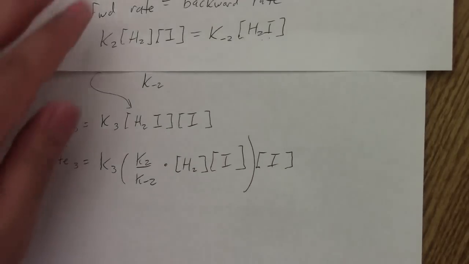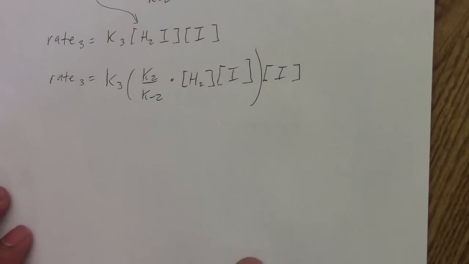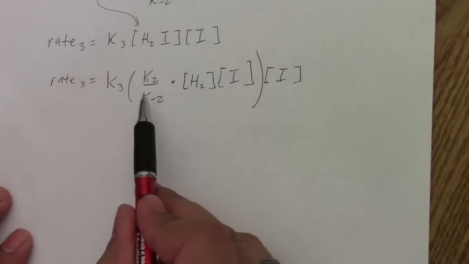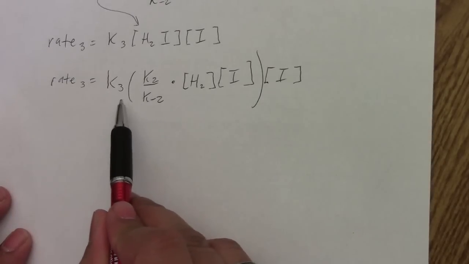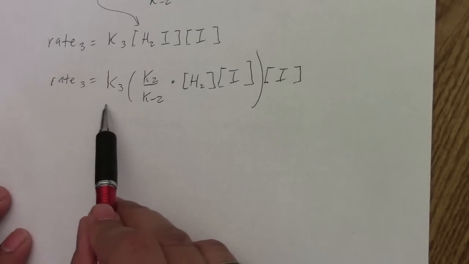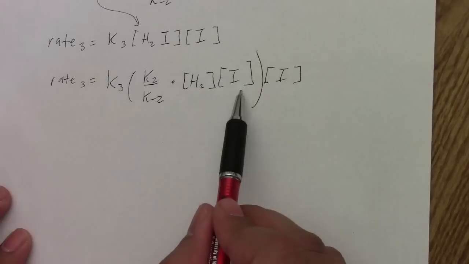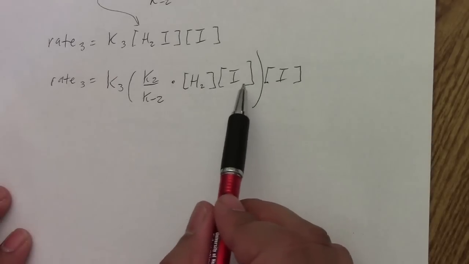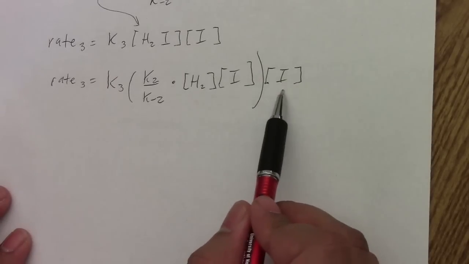All right, let's keep on going. Let's simplify this up a bit. Just for the sake of organization, let's put the k2 in front of k3, so it'll go in order k2, then k3. Also we have two I's, the concentration of I times the concentration of I, so we can call that the concentration of I squared.